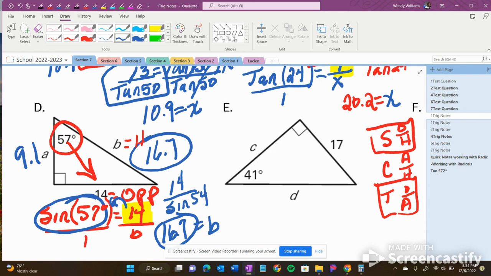I could. Once I know that the hypotenuse is 16.7, and once I know the angle is 57, I could have done adjacent and hypotenuse to find A. And adjacent and hypotenuse would be cosine.